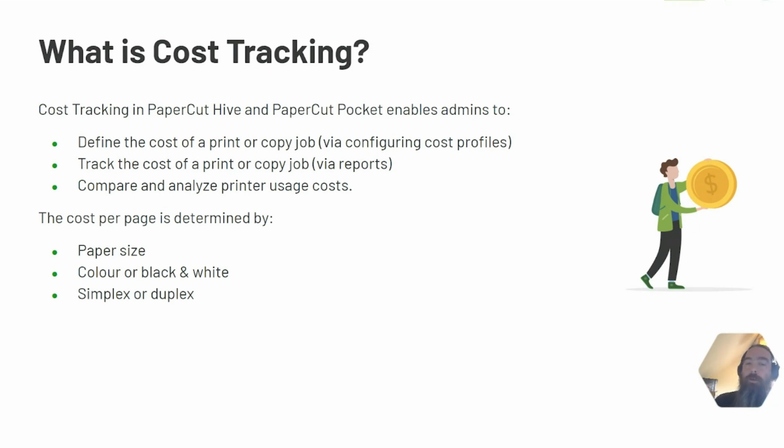Like the way you currently have it in PaperCut MF, you can create your profiles based on the paper size, whether it's black and white or color pages, single-sided or double-sided. So if you've seen the PaperCut MF standard charging, this will look fairly similar.